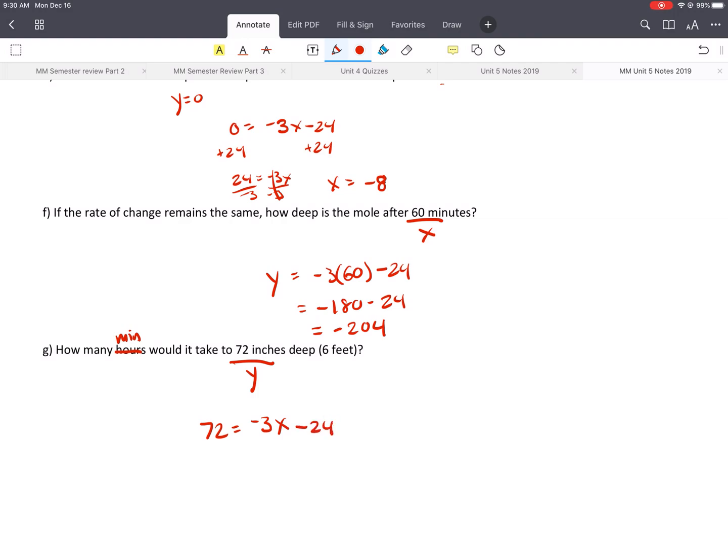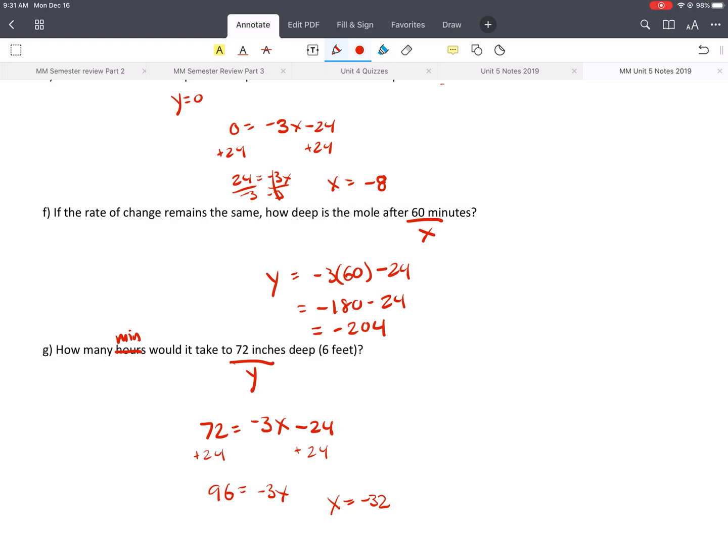And then we would solve. Okay, so add 24 to both sides. Okay, 72 plus 24 gives you 96. And then we'll divide it by a -3.